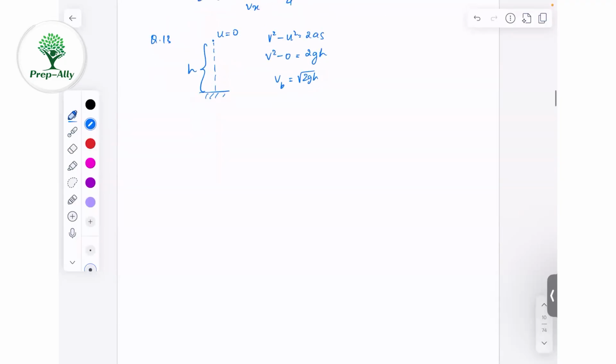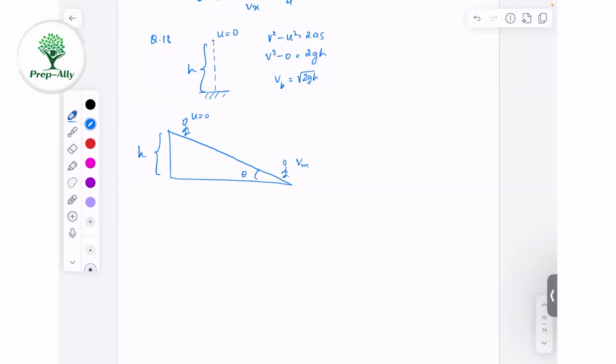Now let's look at the man who slides down the inclined plane through the same height h. So this is some theta. Let us say the height of the incline is some h. The man is here. He starts from rest. So by the time he comes here, let us say he has velocity of v man.